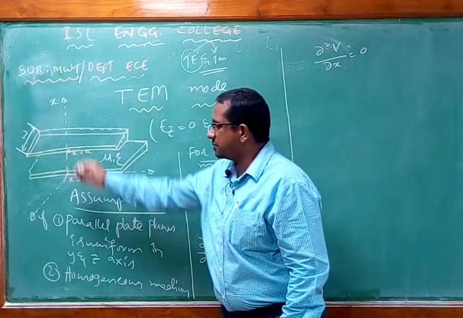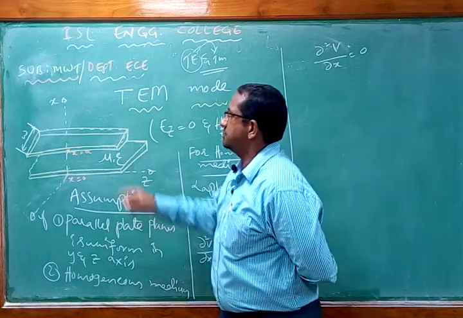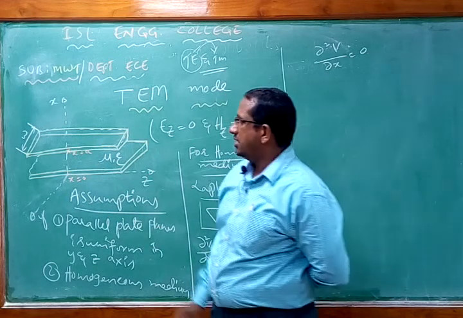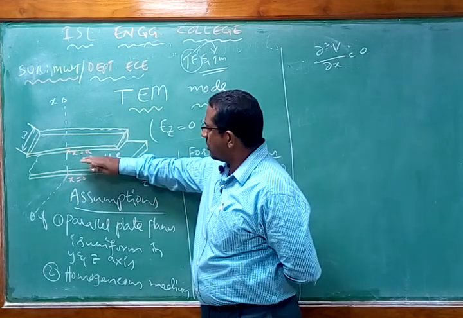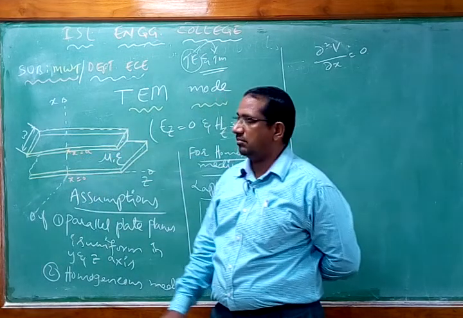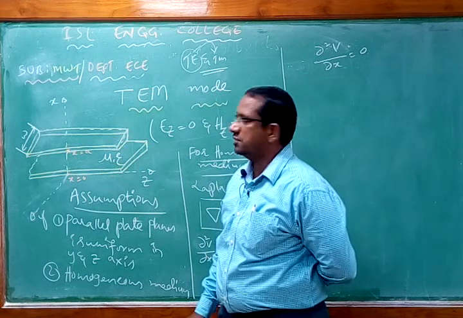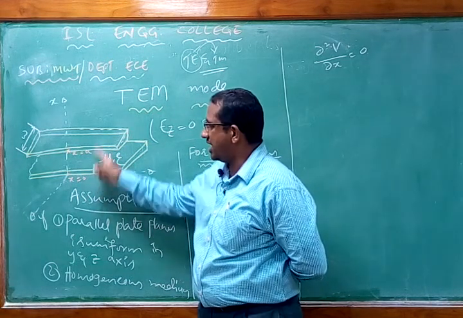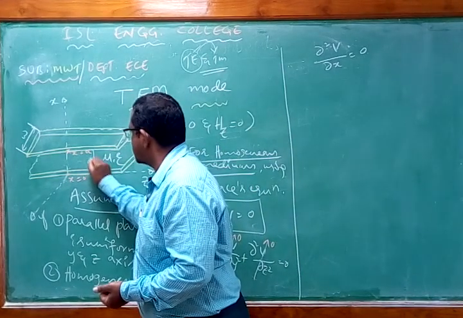Now we consider a spatial domain as we considered in the previous classes. The spatial domain is the x, y and z axes, where there are two conducting plates. One plate is along the x is equal to 0 axis, and another plate is along the x is equal to a axis, which means the distance between the two plates is a.